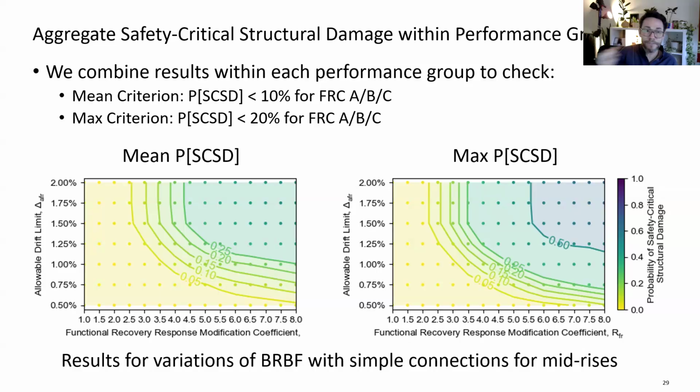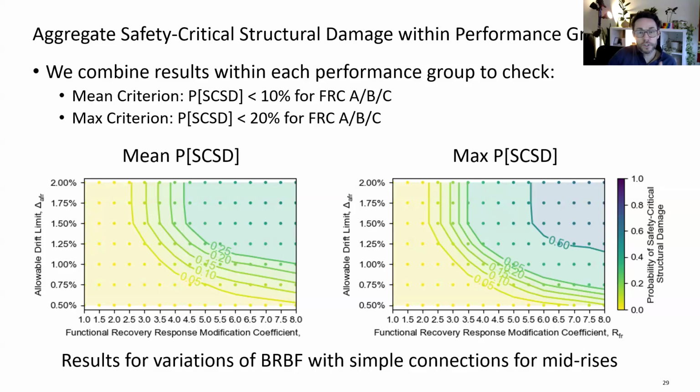So that's looking at the average within one of the rows of the table with the performance groups that I showed earlier. So in this figure, we're seeking RFR and drift limits that give us probability of safety critical structural damage less than 10%, which is the mean criterion for functional recovery categories A, B, and C.